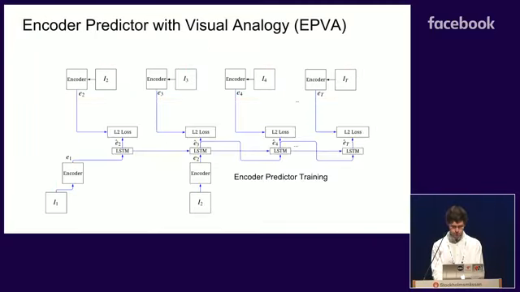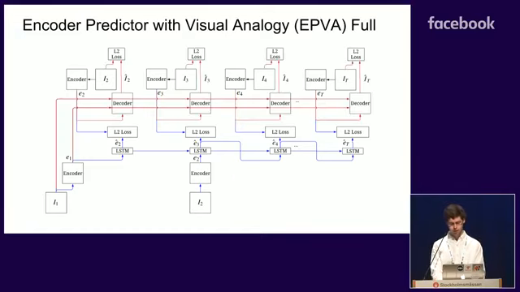Also in this method, we train the encoder and predictor together, so that the predictor network is able to predict the next encoding in the sequence. So we just minimize the L2 loss between that predictor network and the encoder network. And again, here the encoder network is also trained, so that the encoder can produce encodings that are easy to predict into the future.